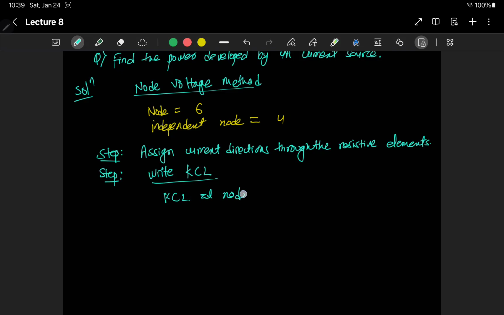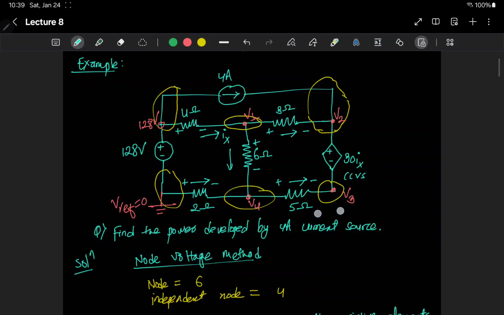If you look at KCL at node 1, we have current Ix coming in, which is given by 128 minus V1 divided by 4 ohm. We have two currents going out, this current and this current. The current flowing through this 3 ohm resistor is V1 minus V2 divided by 3, and the current flowing through this 6 ohm resistor is V1 minus V4 divided by 6.